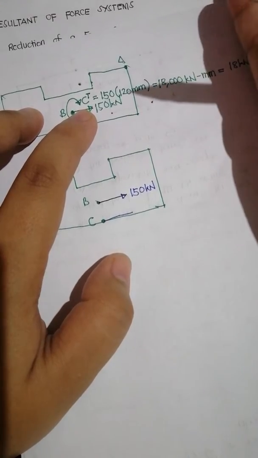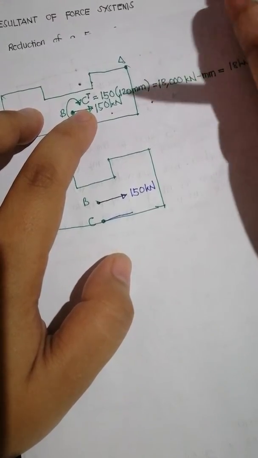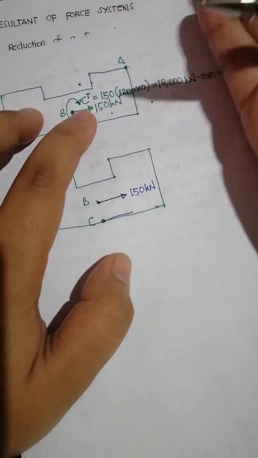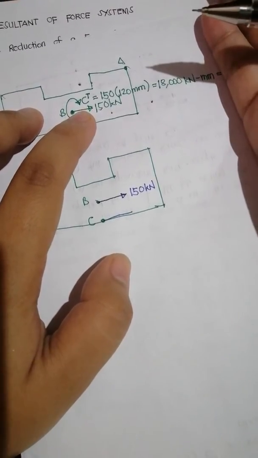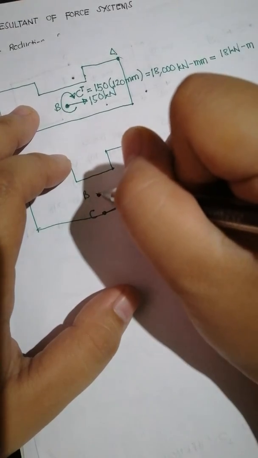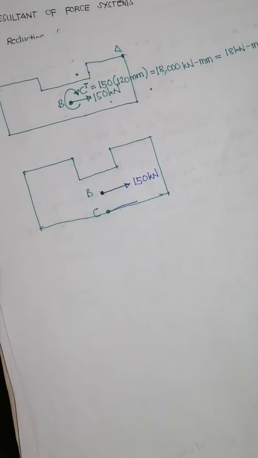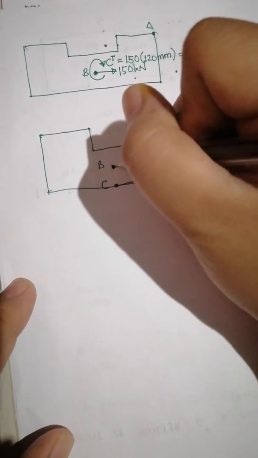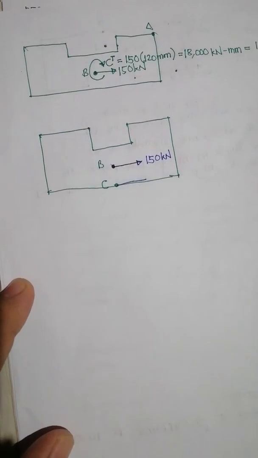Of course, they are parallel, both being horizontal, with the same magnitude but opposite in direction. One should be acting at B. Let's use another color.